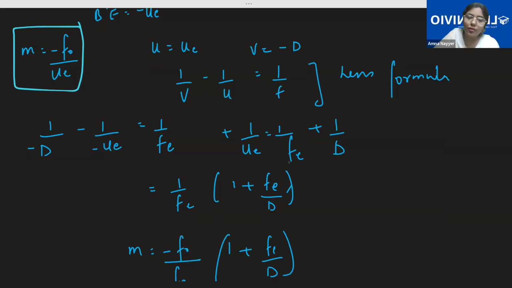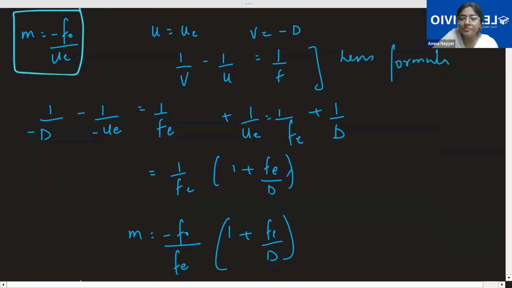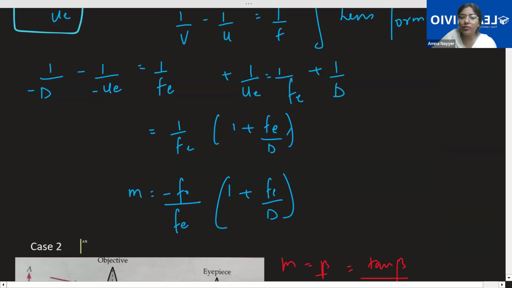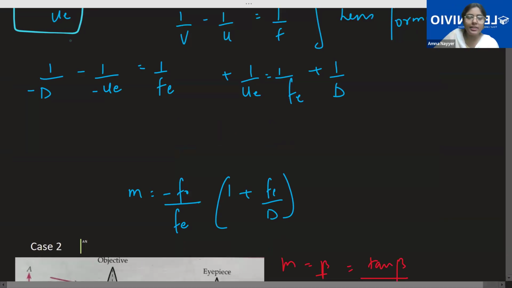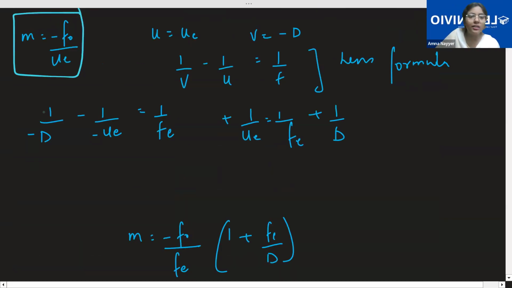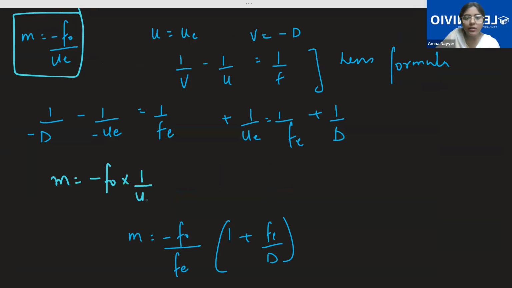Okay. So from here, see class, this is the value of 1/uₑ. This magnification that we have got can be written as minus f₀ into 1/uₑ.